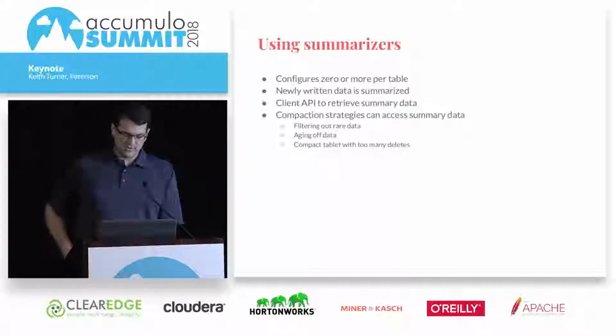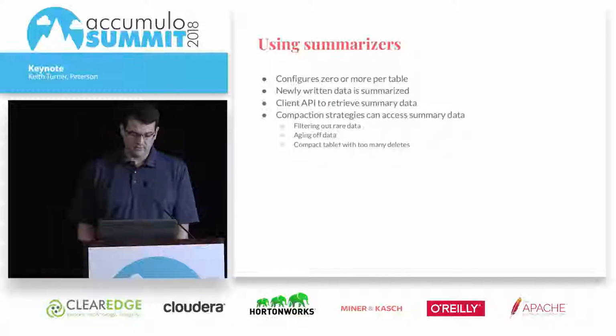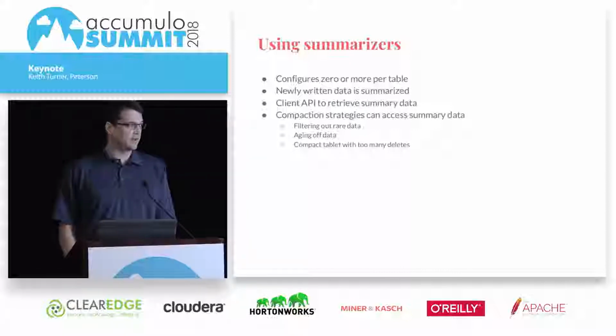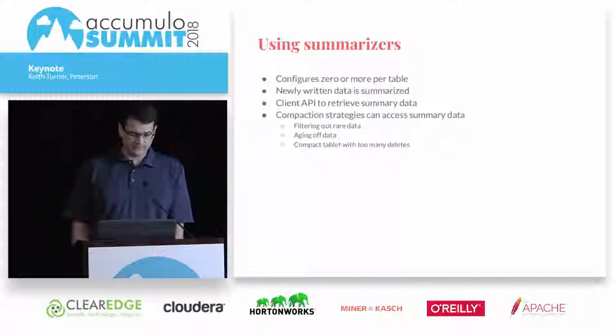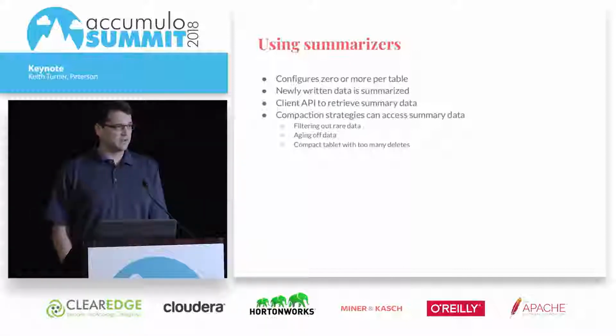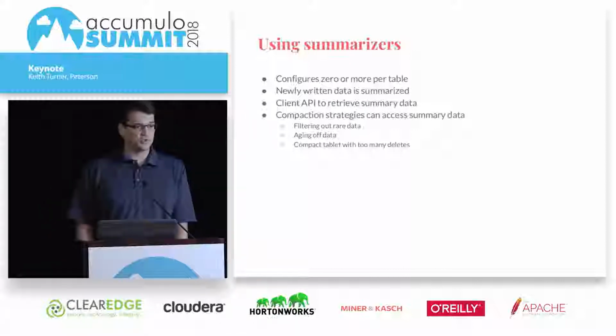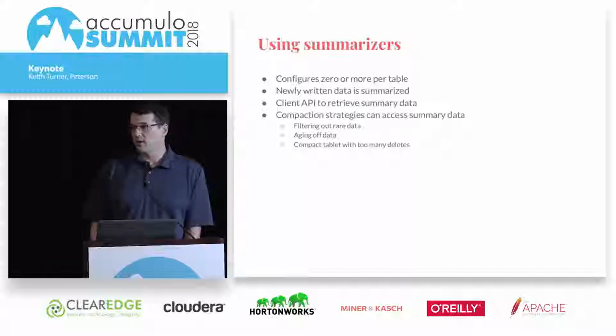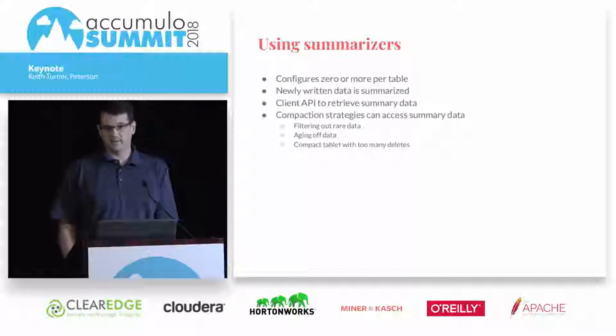And there's 2 ways to consume the summary data right now. There's a client API where you can give a row range to a table, and it will just grab the summary data in that row range. The second way is that user-written compaction strategies can access the summary data and make decisions about which files to compact.